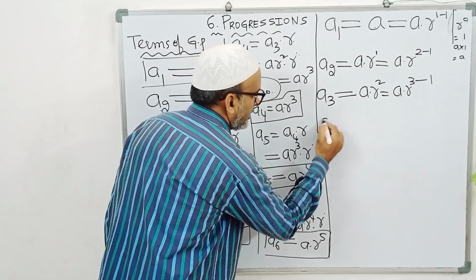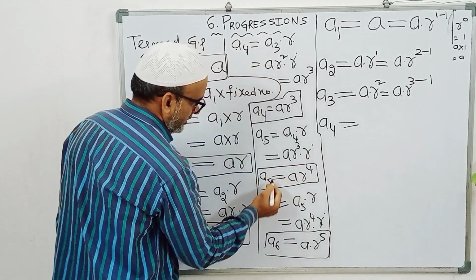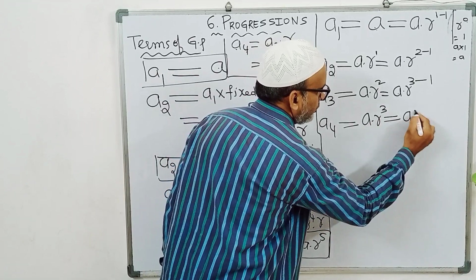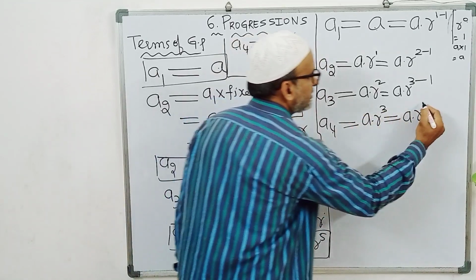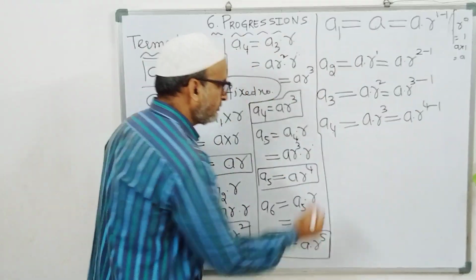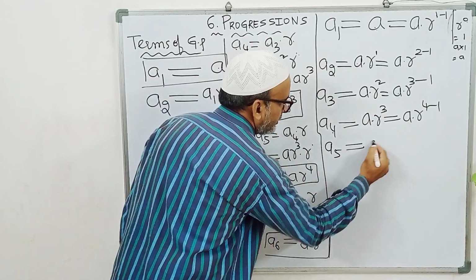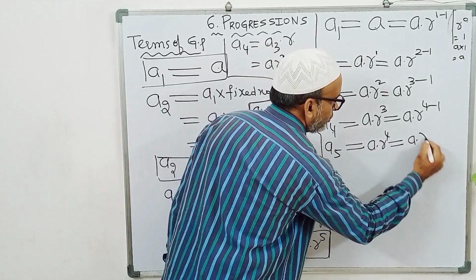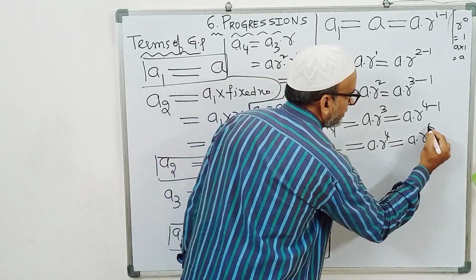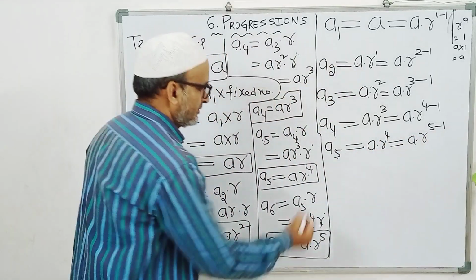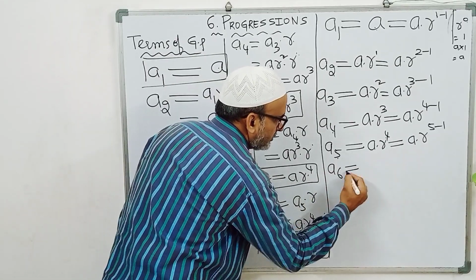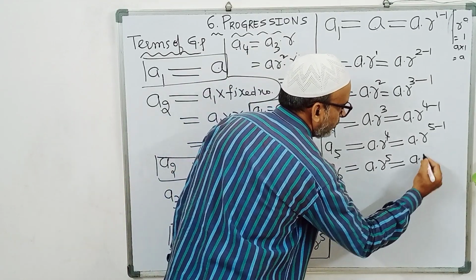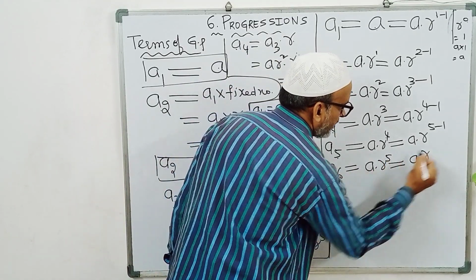Correct? a4 is equal to a into r cube, which can be written as a into r to the power of 4 minus 1. a5 is a into r to the power of 4, which is 5 minus 1. a6 is a into r to the power of 5, which is 6 minus 1.